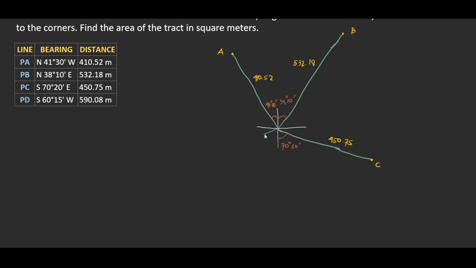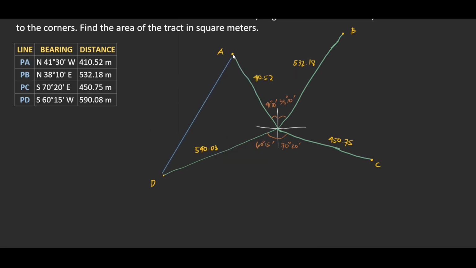So right here, so let's see D, and then 590.08, and then we have right here 60 degrees 15 minutes. Okay, so now let's connect all of these using a proper line here.